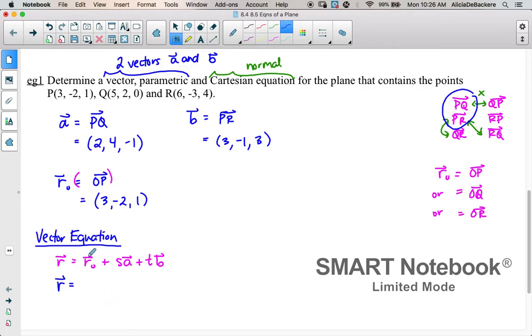And I'm going to fill in my R0 plus the first parameter times my A vector plus the second parameter times my B vector. And then don't forget to define the fact that S and T belong to the set of real numbers. And this is a comma here, so like this piece here where you define that could go underneath if you were looking to save some space. It doesn't really matter.